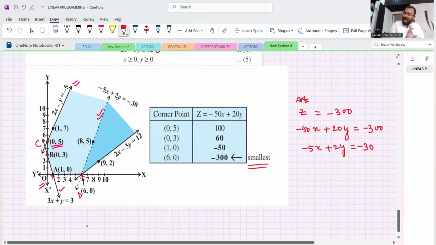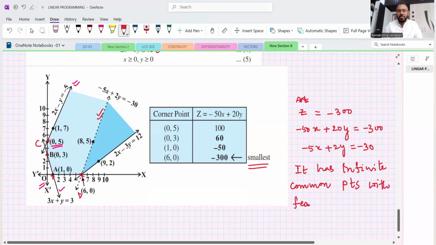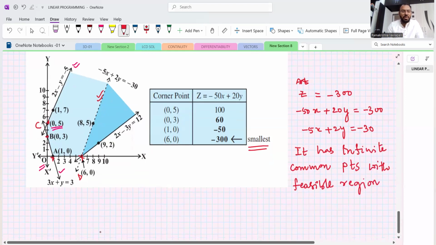So therefore, this function has no minimum value. Z has no minimum value.